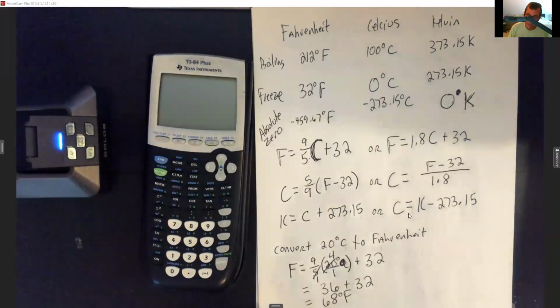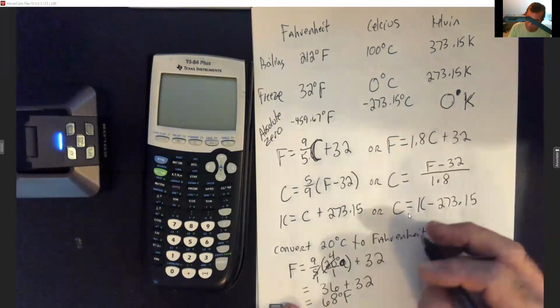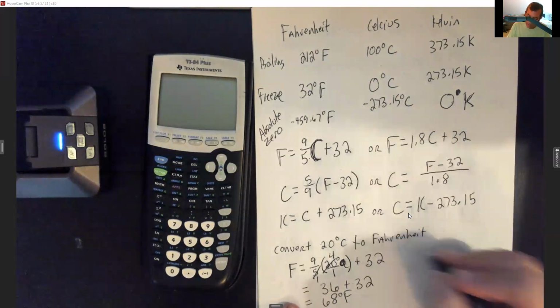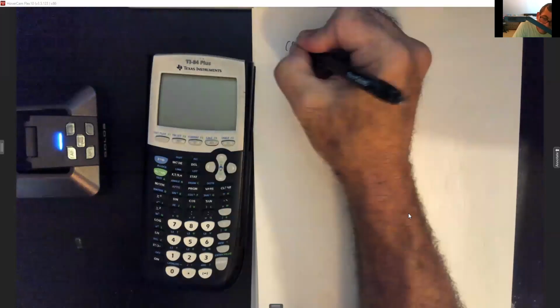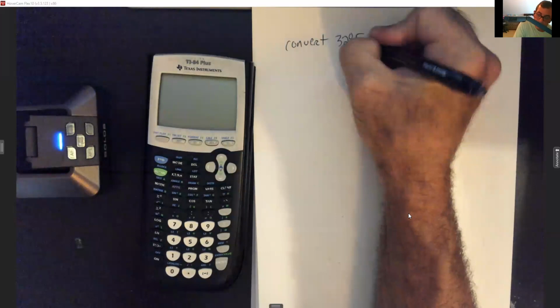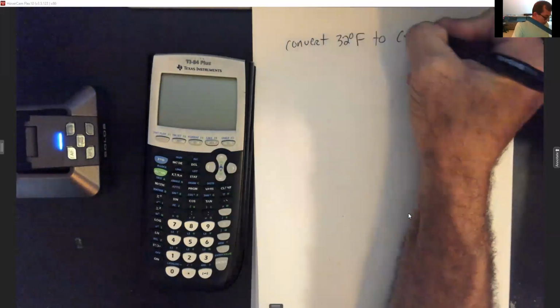All righty, another one. Let's go from Fahrenheit to Celsius. So we know water freezes at 32 Fahrenheit. So let me do one more over here. Let's convert 32 degrees Fahrenheit to Celsius.